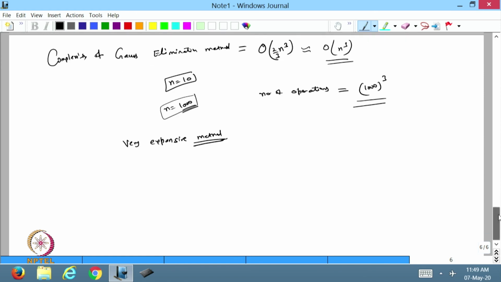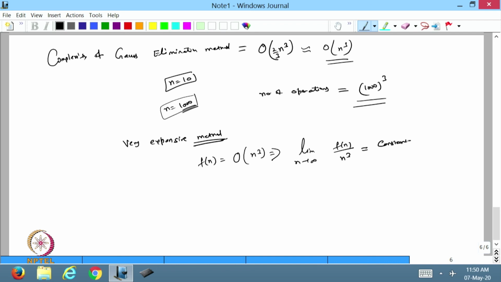Because of the number of operations, I also just want to define what is the meaning of O. This is a big O. If I write big O of n cube, it means that if I take the limit as n tends to infinity, some function f of n is of order n cube, that implies that the limit of f n over n cube is a constant.